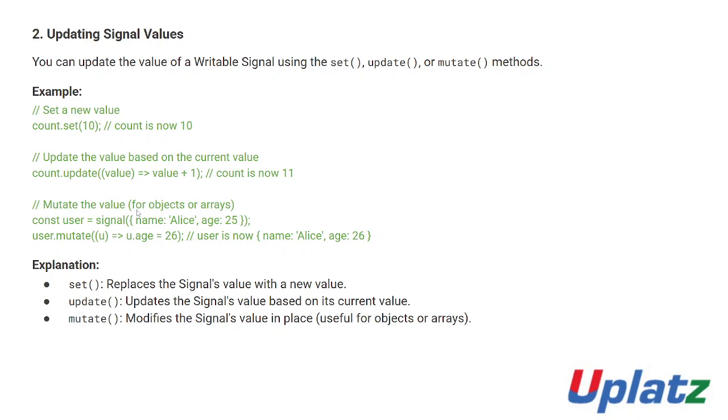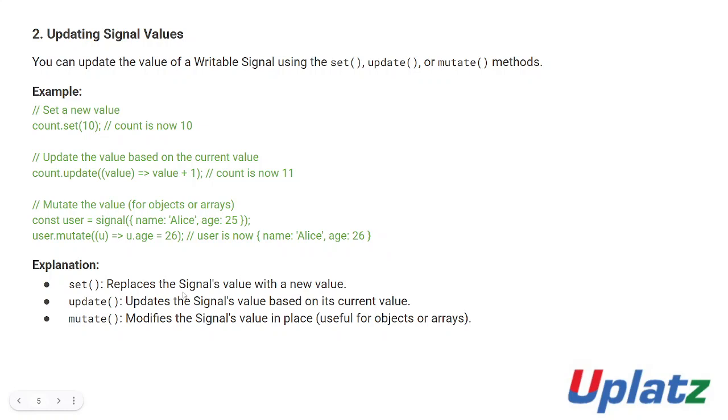Mutate the value: const user = signal({name: 'Alice', age: 25}); user.mutate(u => u.age = 26). So user is now name Alice, age 26.